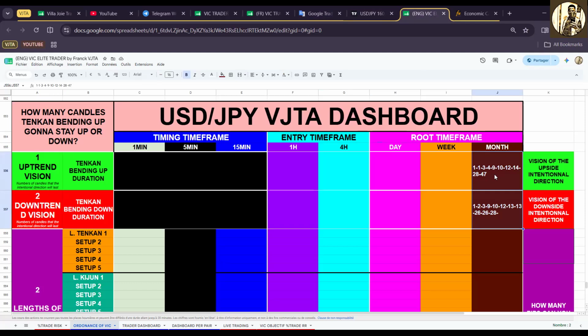You will not be holding your monthly Tenkan for more than 47 months, because based on history, 47 is actually the max. Unless you hold it for 47 months, you put a break even, and then you let the pair give you like 55 months, right? But without losing those 47 months on a big retracement. Don't be too greedy, right? It gives you an idea of for how long you can let a trade go.